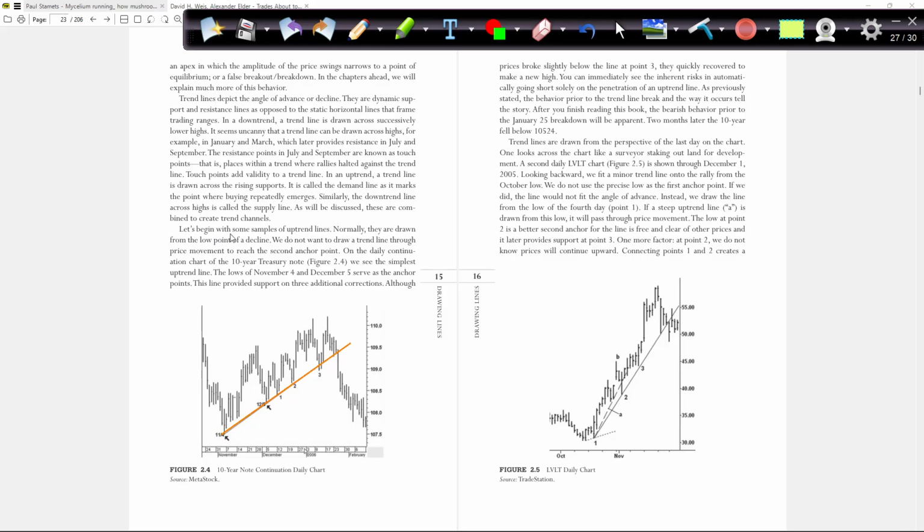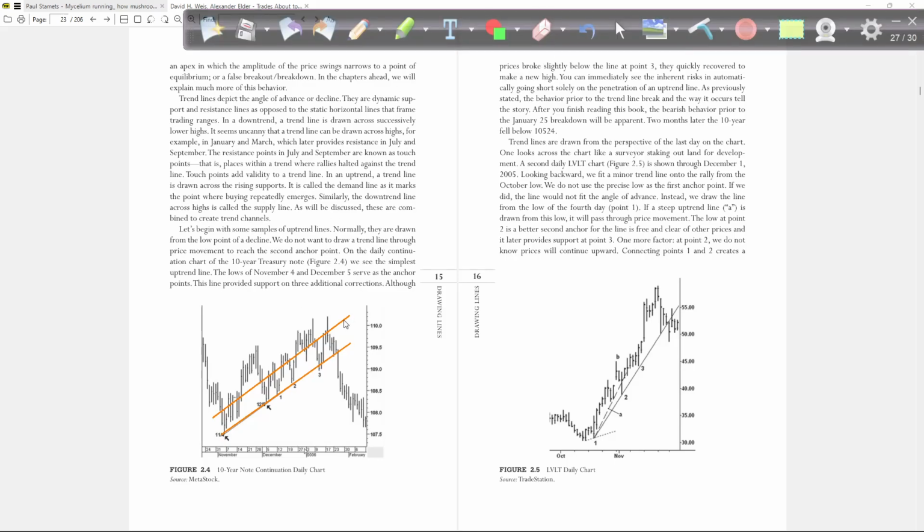We are beginning with some sample examples of uptrend lines. Normally it is drawn from the low point of a decline. We do not want to draw a trend line through price movement. So it's basically saying we don't want to do this, in the middle of price movement.